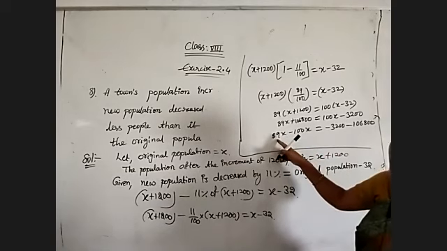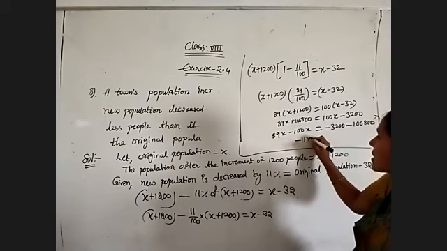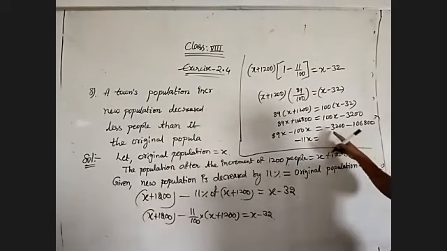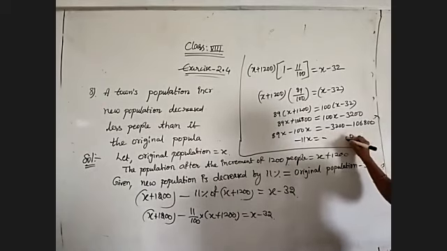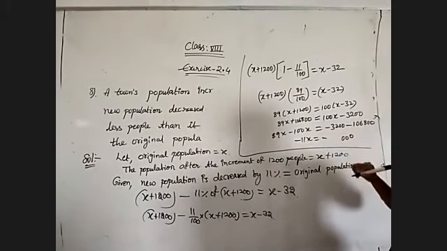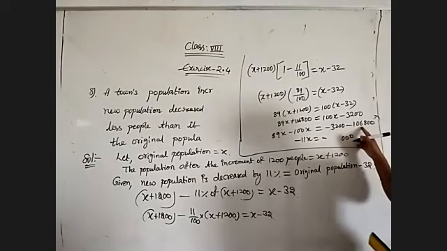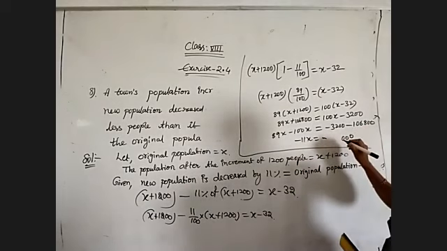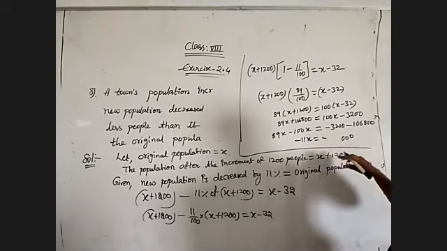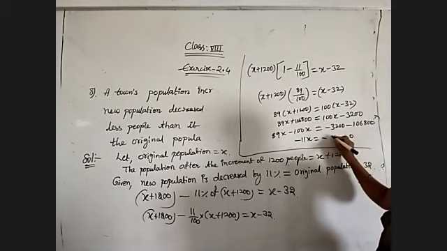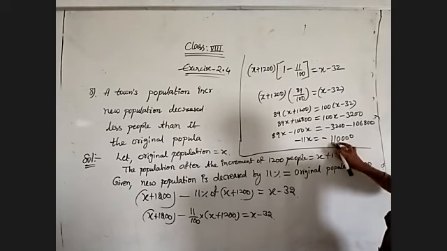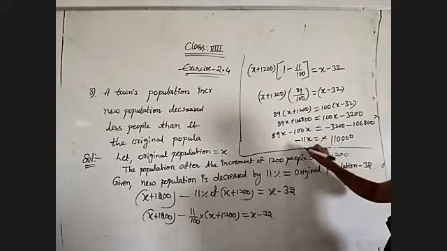So 100 minus 89 is 11, that is minus 11x is equal to, go for addition because both have negative values. So 0, 0, 2 plus 8 is 10, and 7 is 10, 1, 1. 1,10,000. So minus minus will get cancelled.